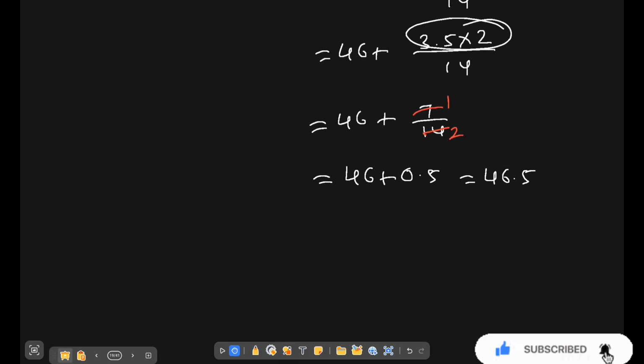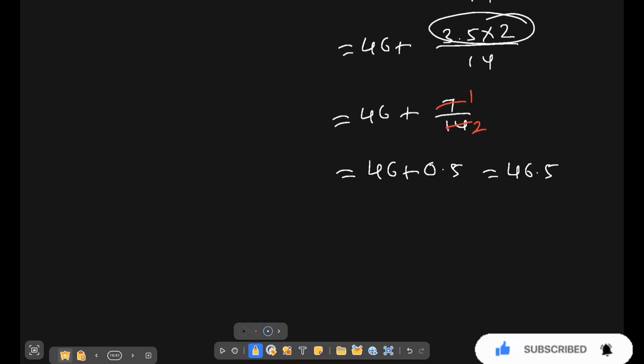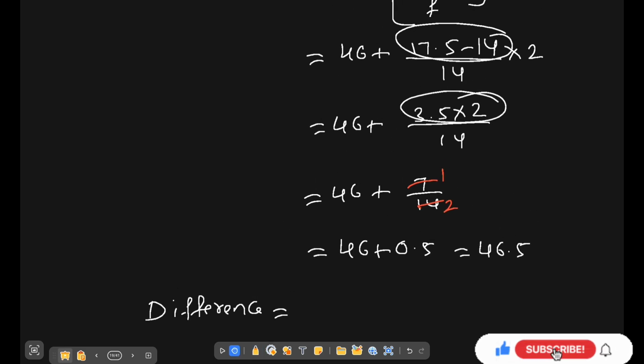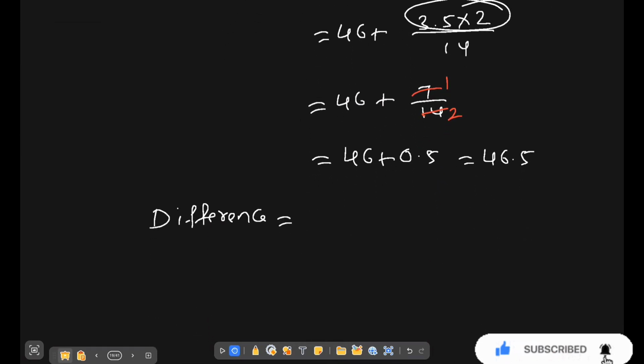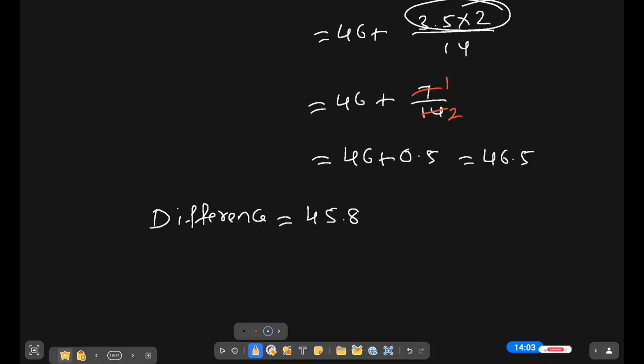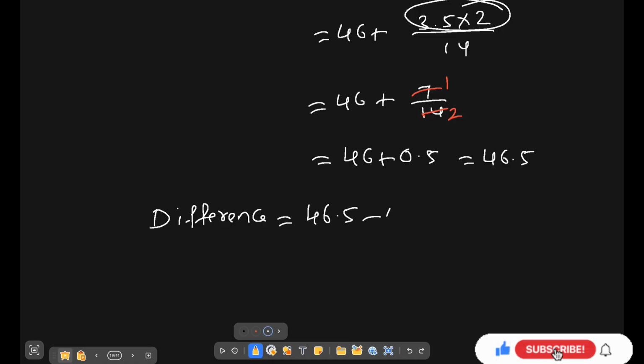Now what is the difference between mean and median? The mean is 45.8. Here the median is greater, right? So 46.5 minus 45.8.